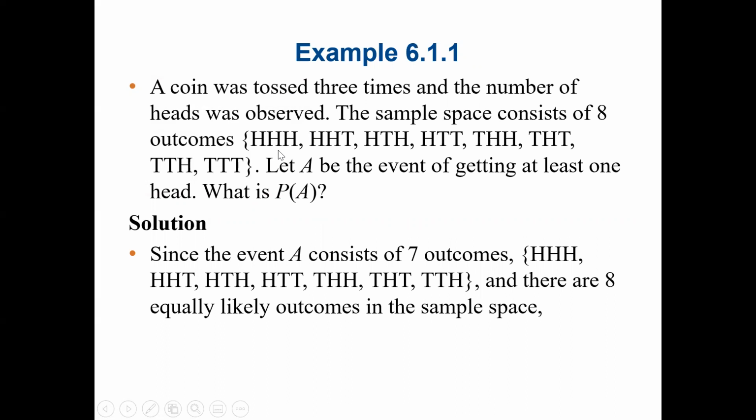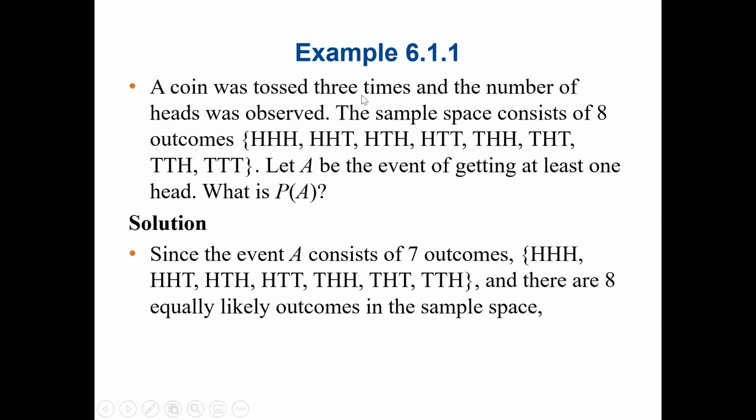The remaining 7 outcomes have at least 1 head, or 2 heads, or 3 heads. So the event A consists of 7 outcomes, from HHH all the way to TTH, and all these 7 outcomes have at least 1 head. And that's what the question said.